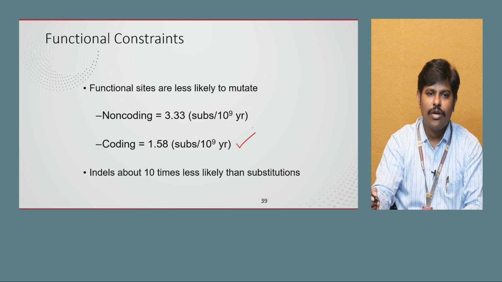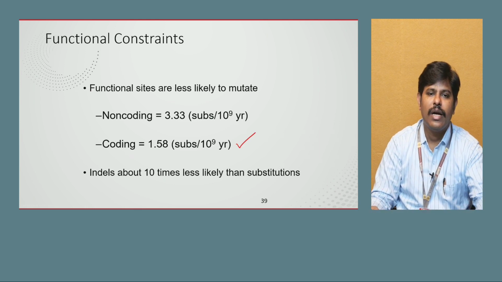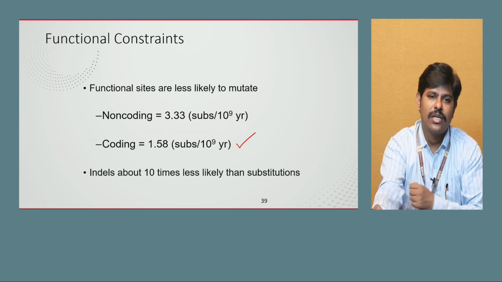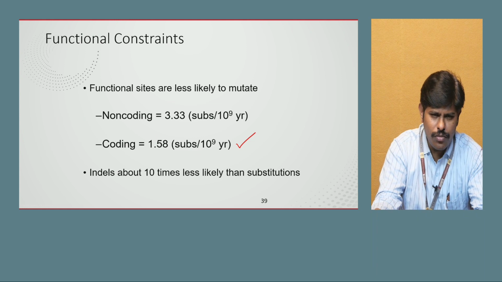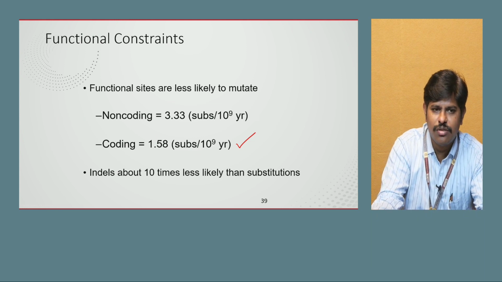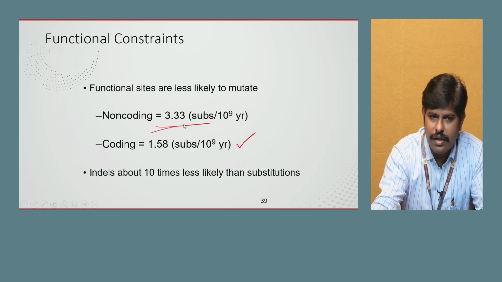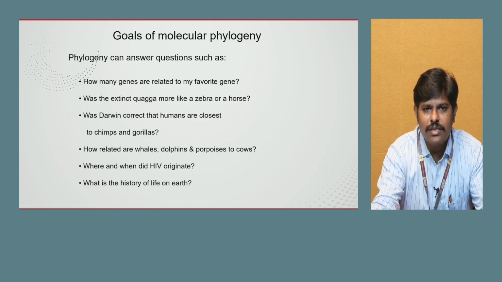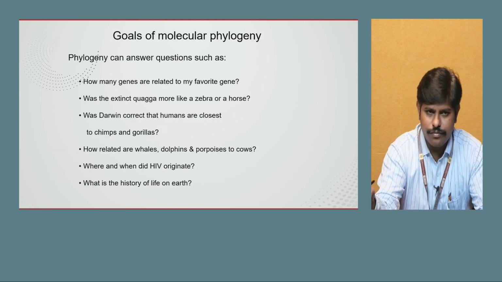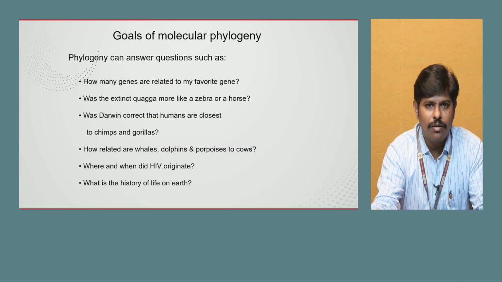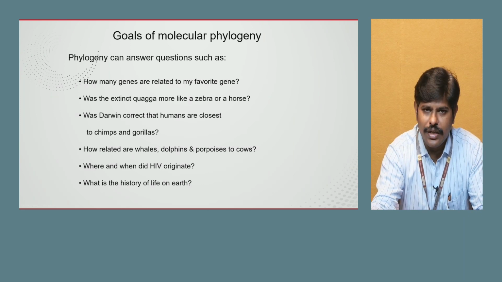Their rate of mutation is 1.58 per billion years, whereas in non-coding sequences such as introns, junk DNA present in genomes, promoter regions and other regions, the rate of mutation is quicker compared to coding regions. With these basic ideas, molecular phylogenetics is carried out.